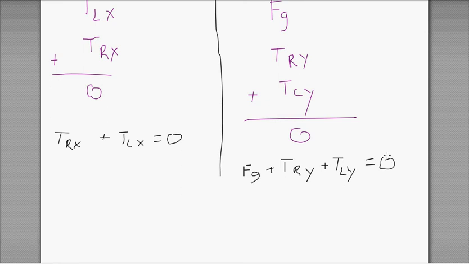Okay, so you've got these things. Now, where did I come up with this, guys? Remember, all your x components can find you the x coordinate of your resultant, and all your y components can find the y coordinate of your resultant, and the resultant here is 0. So if the resultant is at 0, 0, you have a resultant of 0.